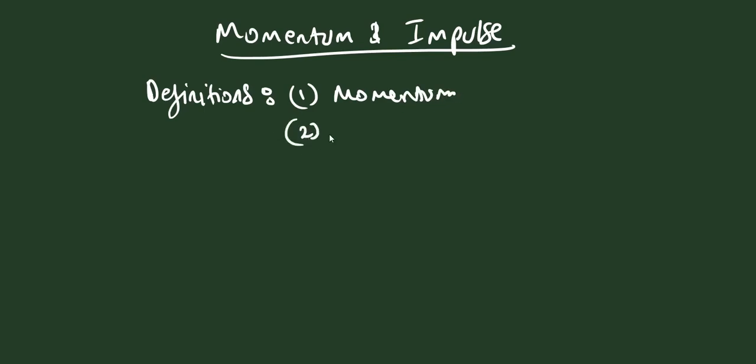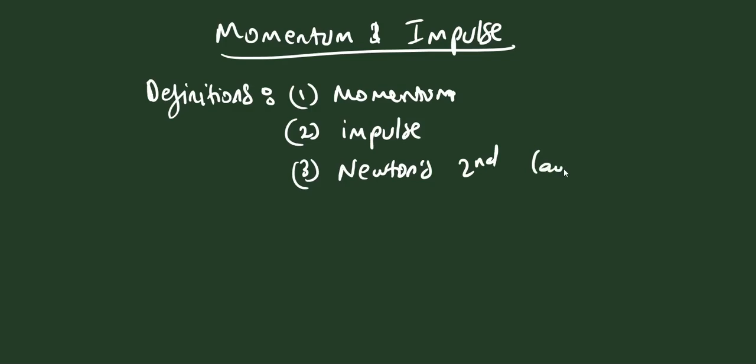Number two, you must know what is impulse. You must know what is Newton's second law in terms of momentum. And then you must know how to state it, and know what is an isolated system.